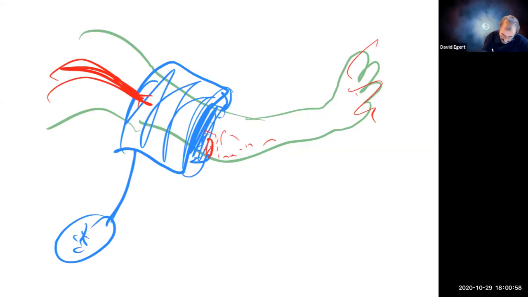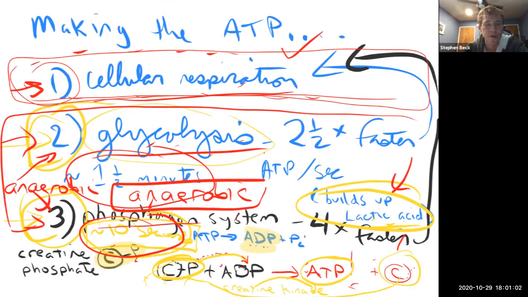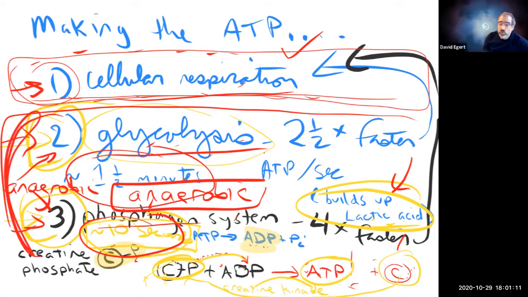Can I go back to like 3 minutes, because you can't switch over to cellular respiration after a certain time because you need oxygen. Yeah, exactly. So you'll be able to work your muscles for a few minutes without oxygen. But after that, everything's going to stop working.